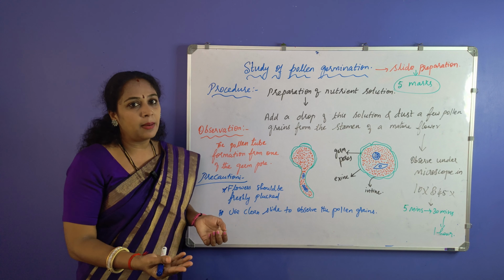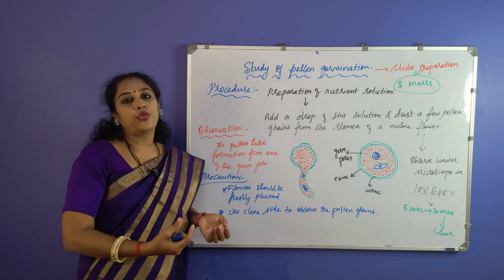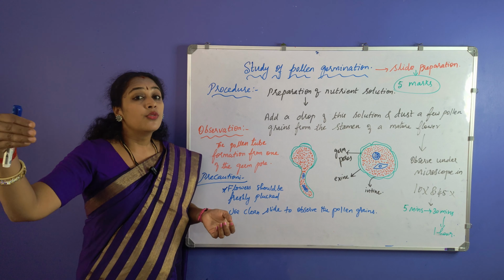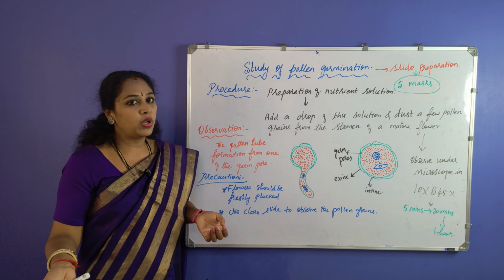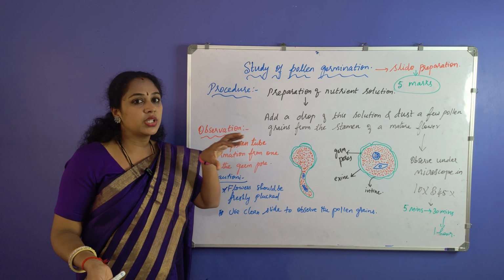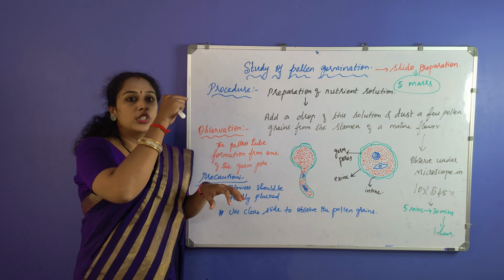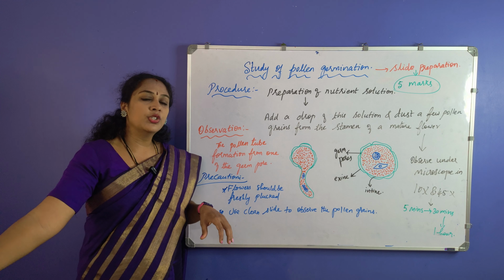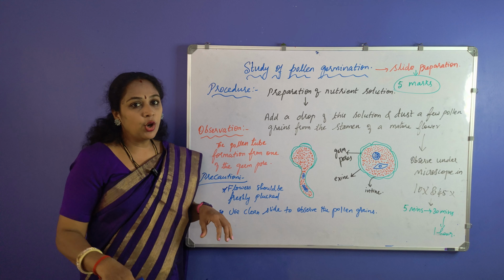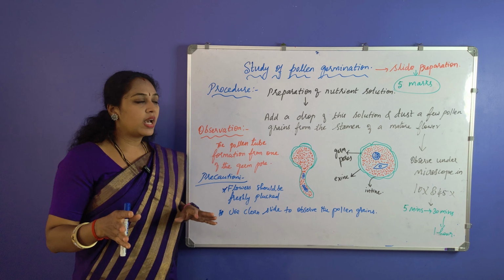It contains the male gamete. And what is the purpose of this tube formation? It has to go to the female gamete, because the pollen comes and sits on the stigma of the female flower. So this pollen will form a tube-like structure, goes to the ovary and then reaches the ovule. So you should have an idea of this information.